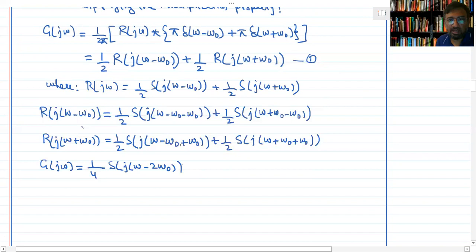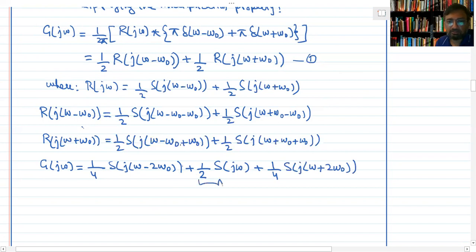These two will add up, and there is a 1/2 scale factor already in 1. So we get 1/2 Sj omega plus 1 by 4 Sj omega plus 2 omega naught.